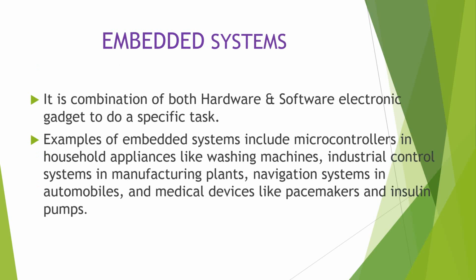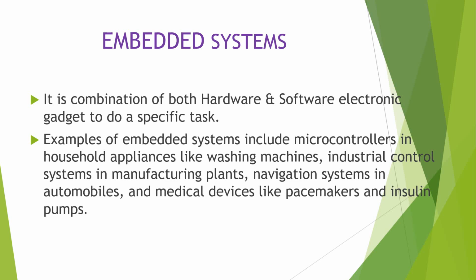We know an embedded system is a combination of both hardware and software electronic gadgets to do a specific task. Embedded systems can be seen everywhere in our daily life, like microwave ovens, ATM machines and ACs.